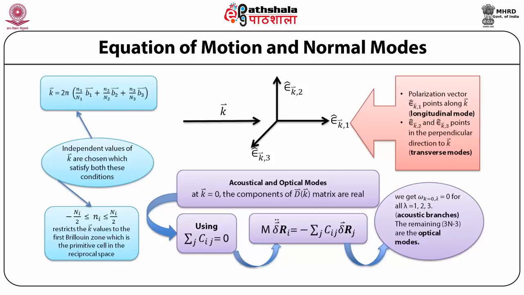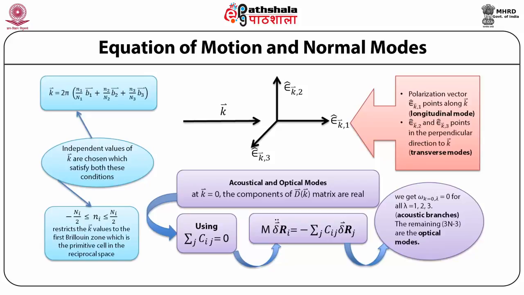So again, it basically implies that if some of the allowed values of k go out of the first Brillouin zone, then they can be brought back to the first Brillouin zone by an appropriate lattice vector G that you apply to k, and then you get back all those allowed k values inside the first Brillouin zone. So the first Brillouin zone is the most important, because after all the second, third and so on are all periodic repetitions.